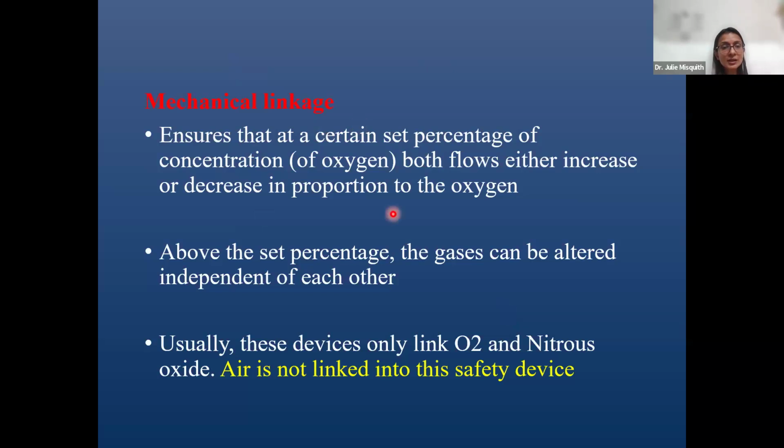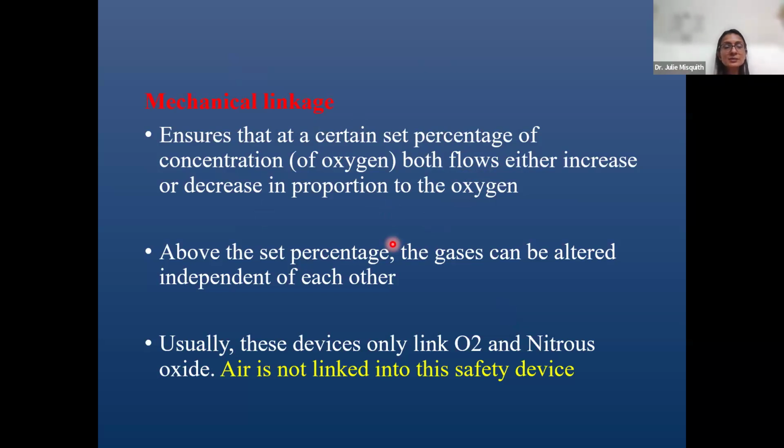Mechanical linkage ensures that a certain set percentage of concentration of oxygen and nitrous oxide will either increase or decrease in proportion to oxygen. Above a minimum percentage of 21%, the gases can be altered independent of each other. Once the oxygen reaches that, then you can independently increase nitrous oxide.